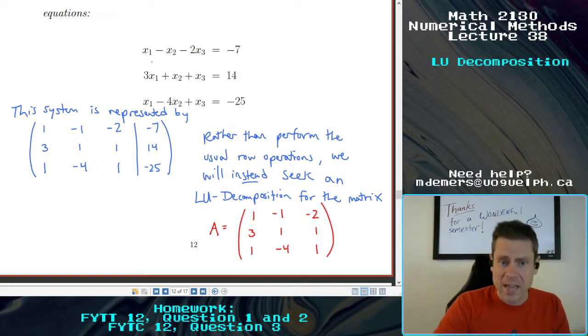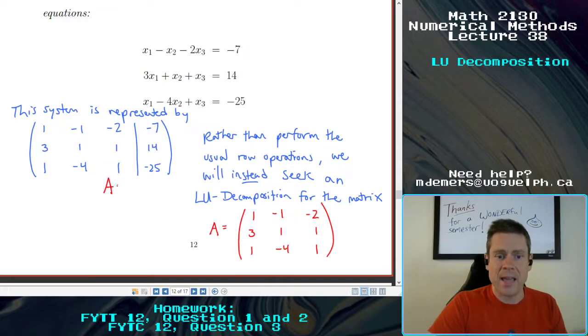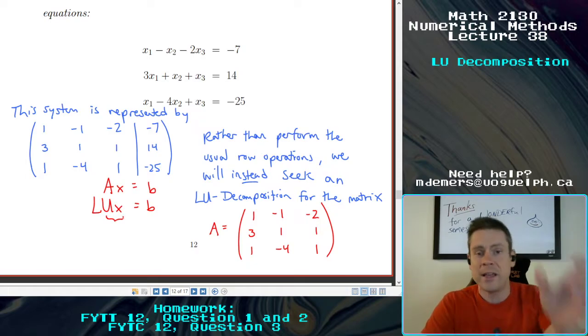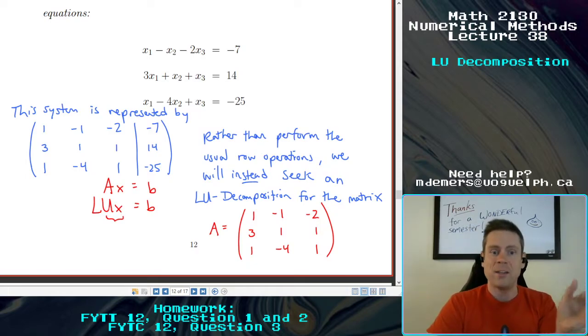Okay, because then what we're going to have here is, where we had AX equals B right here, instead, if I factorize this one, I'm going to get LUX equals B. And we can find this vector if UX equals some other vector, which we call C or something.